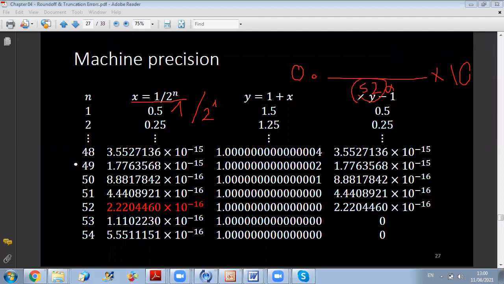Now, because you are putting your number in the form 0 point something times 10 to the power m, if you can read up to 52 digits, then your x will be 1 over the smallest number that you can read here as 0 point, which is 1 over 2 to the power 52.